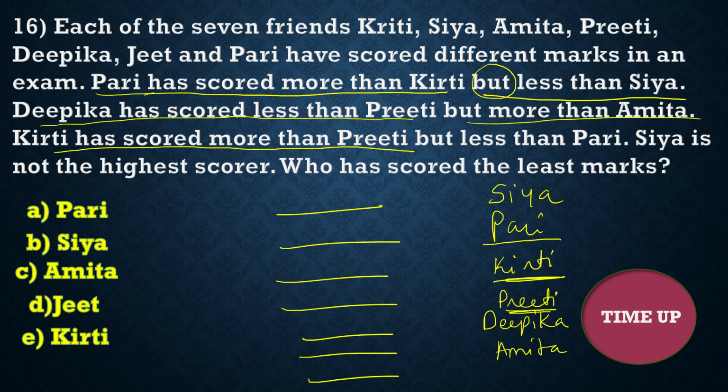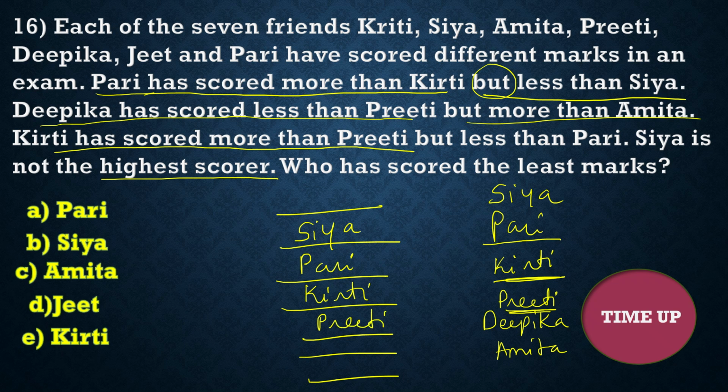Sia is not the highest scorer. So here I can't place Sia because Sia is not the highest scorer. Okay, fine. Then I'll place Sia here. Rest all things I'll write as it is because it matches the conditions in the question.